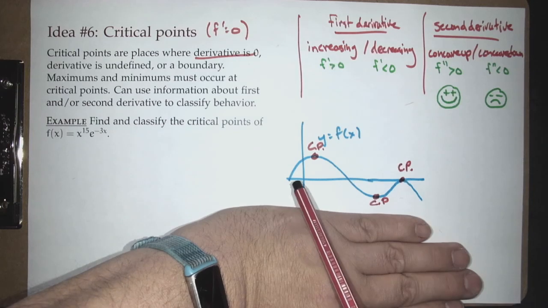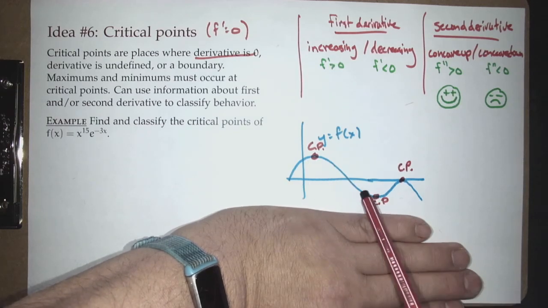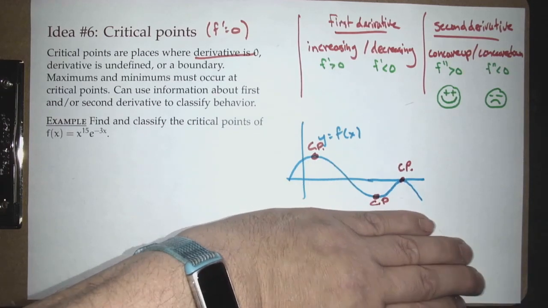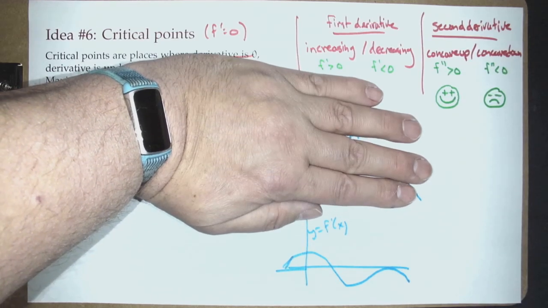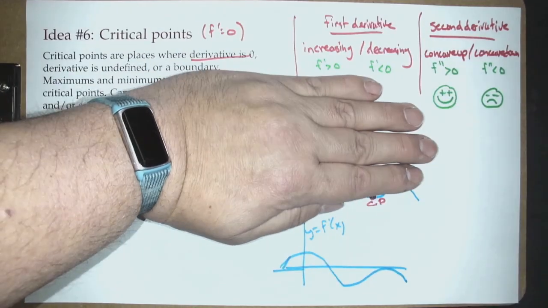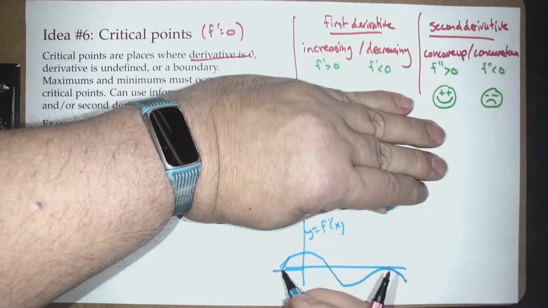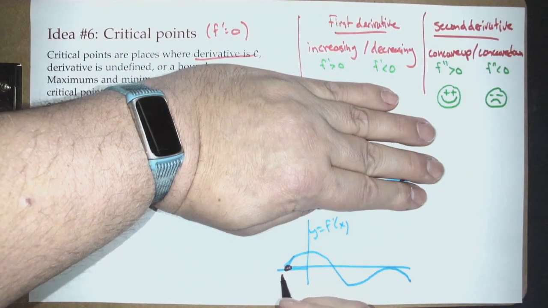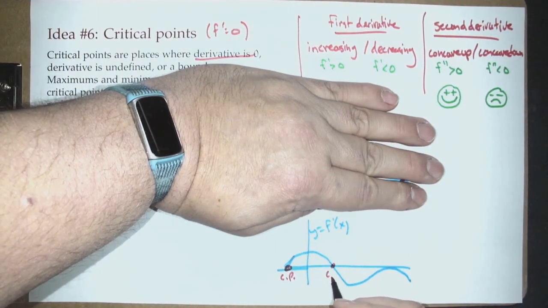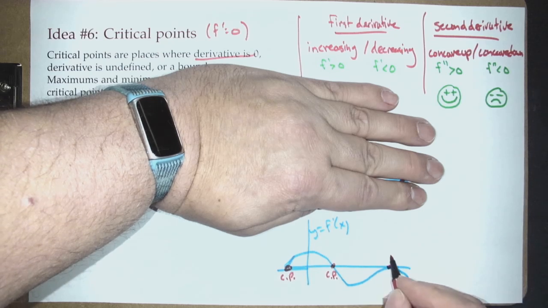All right, and then we can tell, oh, this is a max, this is a min, this is a max. If I come here and I say, where are my critical points? Where am I looking? I'm looking for the zeros. So for the derivative, I'd say, critical point, critical point, critical point.